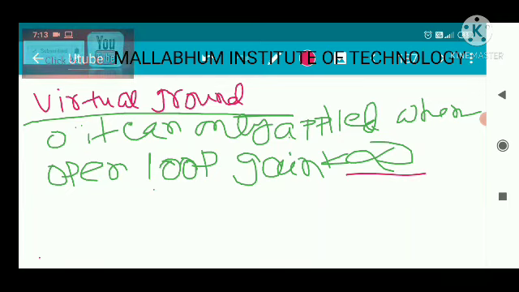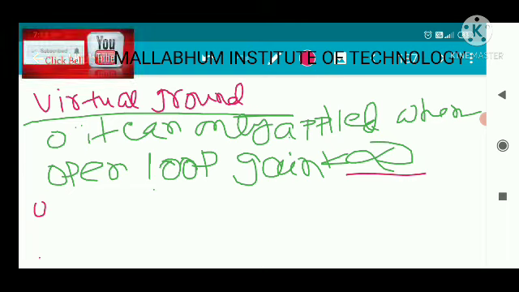The second point regarding the virtual ground is that it can only be applied in the case of negative feedback, and only when the operational amplifier is in the linear region, not in the saturation region. All of you know that the op-amp operates in the linear region in the case of negative feedback, whenever it operates in amplifier mode, not in oscillator mode.